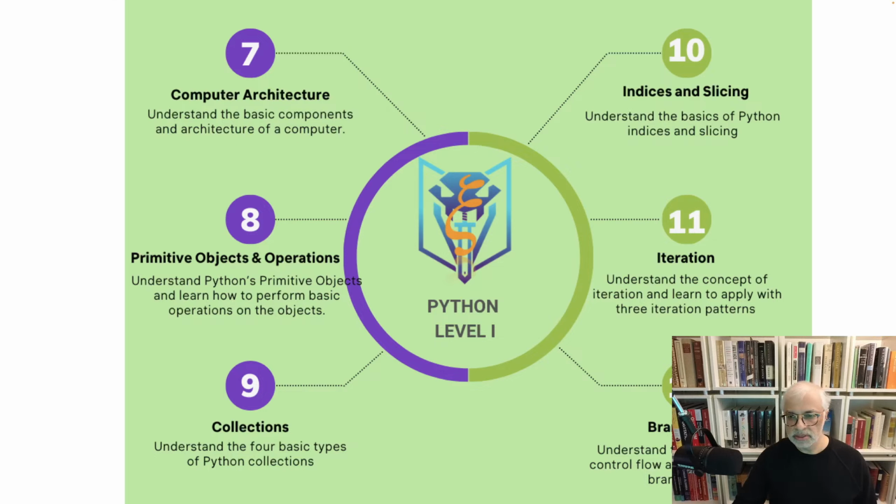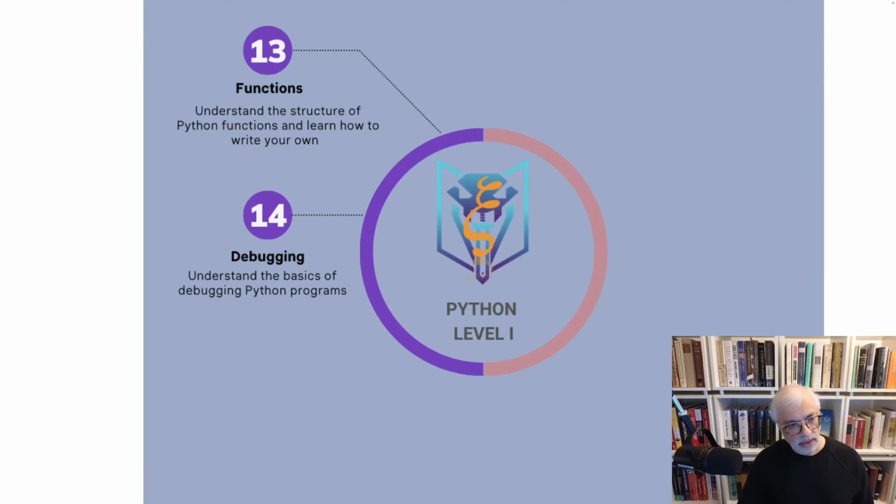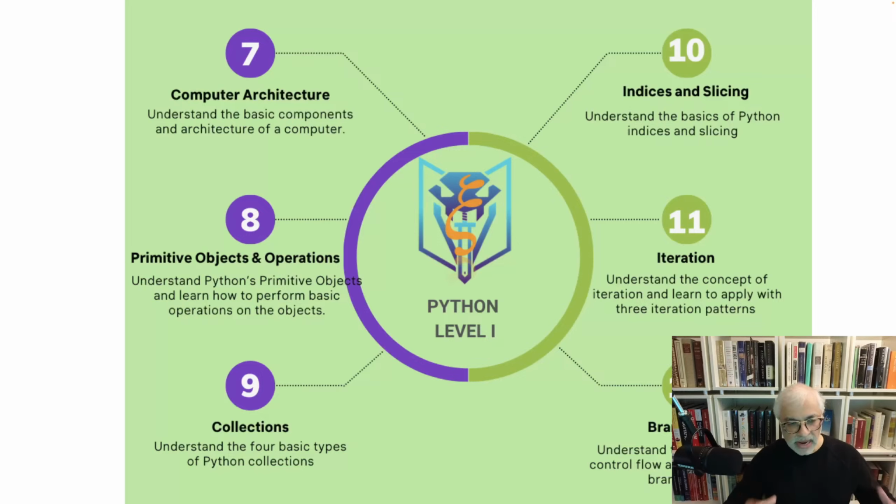We didn't go too much into slicing. I don't think we did cover that at all, but it is an important part of how we work with data and data structures, particularly ordered sequences. And then there's the concept of iteration and branching. And then we looked a little bit at functions and a little bit of debugging. These are really the main concepts.